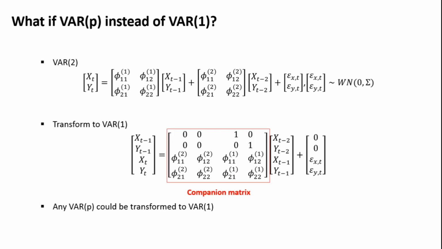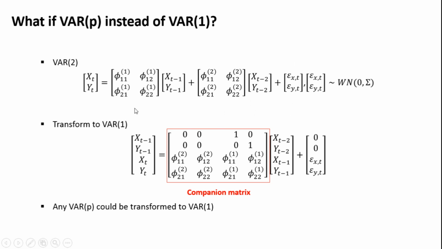In another situation, we have VAR P, a VAR of order P, instead of a VAR of order 1. If we take a situation of VAR of order 2, we can estimate our couple of variables in function of the lagged variables of 1 period and the lagged variables of 2 periods.